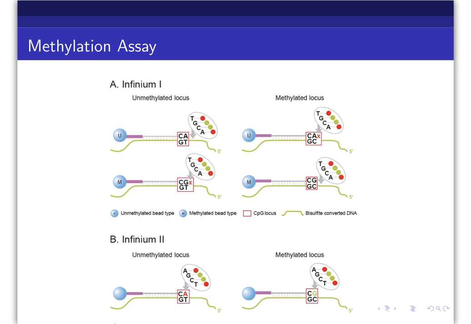So with the 450K and EPIC assays, there are 2 ways methylation is assessed: using this original design and also including only 2 probes for each CpG locus, one for the methylated and the other for the unmethylated state. The 2 types of probes used to interrogate CpG loci on the 450K and EPIC platforms are called Type 1 and Type 2 probes.